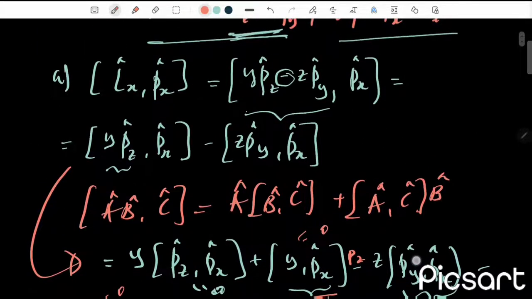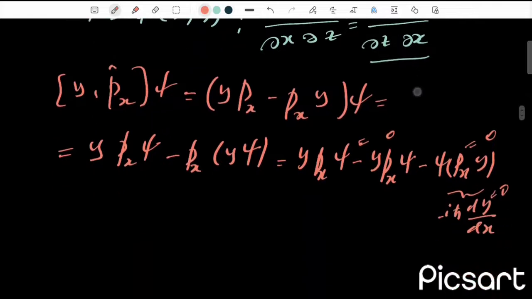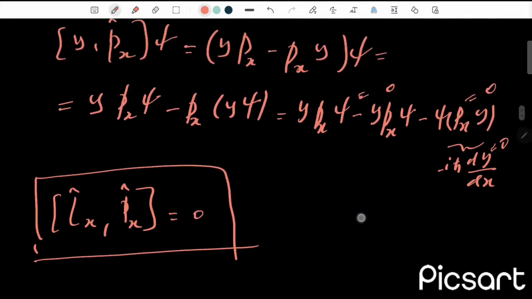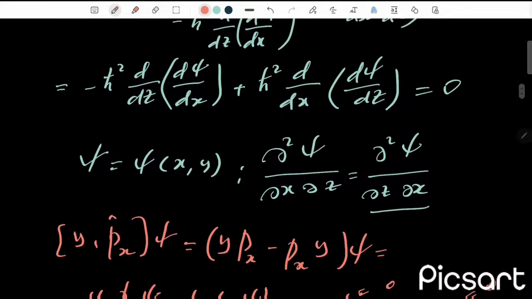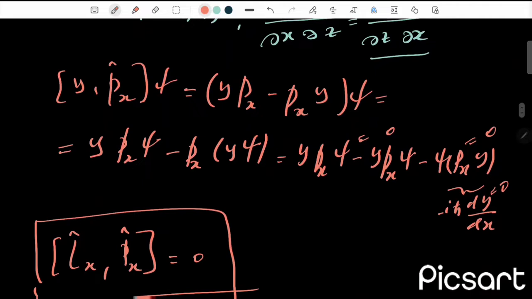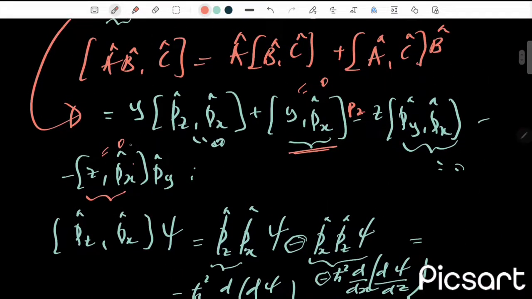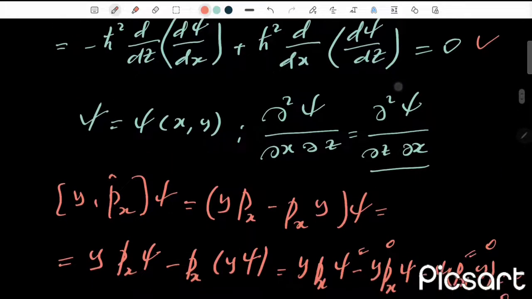Then the commutator of the x component of angular momentum with the x component of the linear momentum is equal to 0, as we have shown previously with this procedure, because in this term we have 0, in this term we have also 0, and using the same thing here, we have 0 here, 0 there, and we get 0 as the last result.